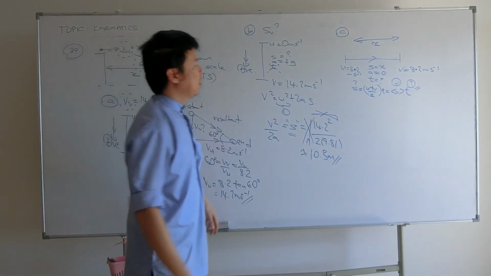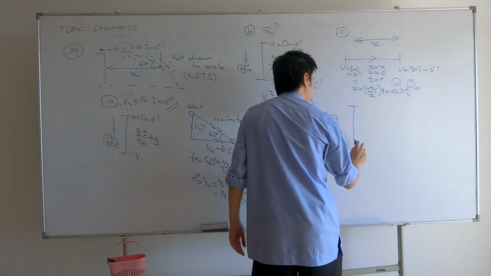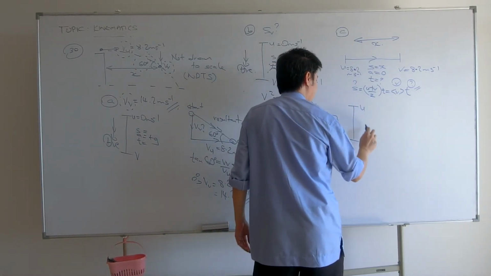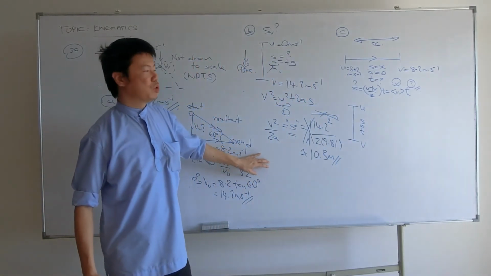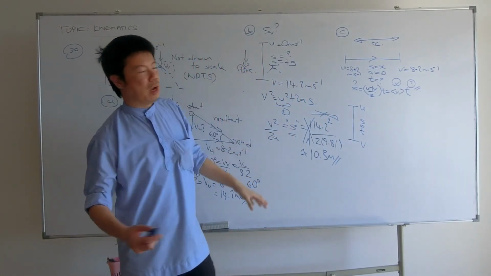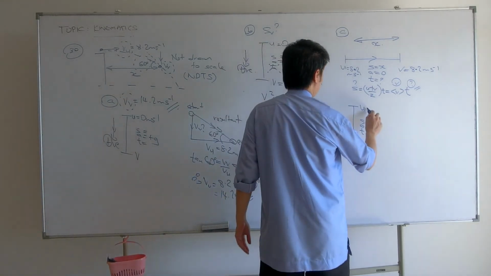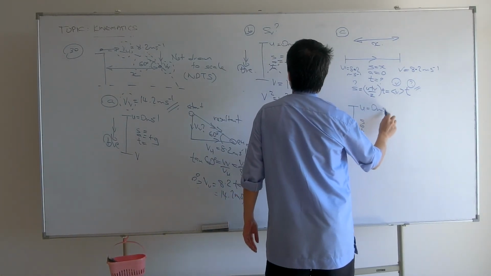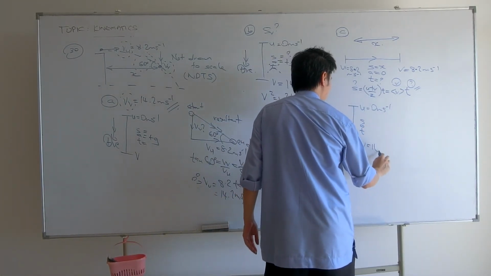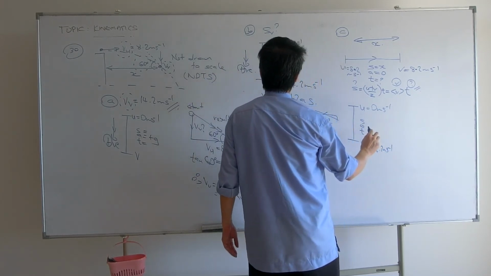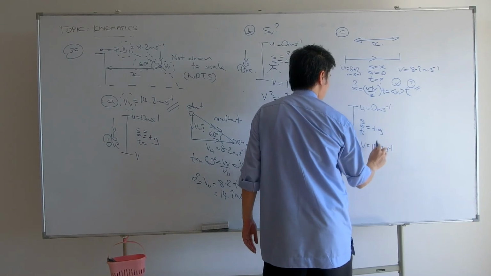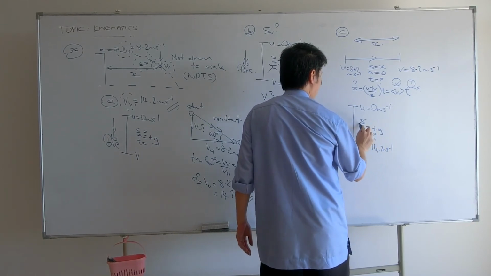Apologies again, sometimes questions will be difficult, so we just use whatever data we have in order to get the information. So 0 meters per second, 14.2 meters per second, you got here, plus g. We have to find the time.